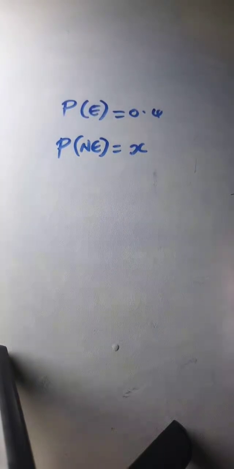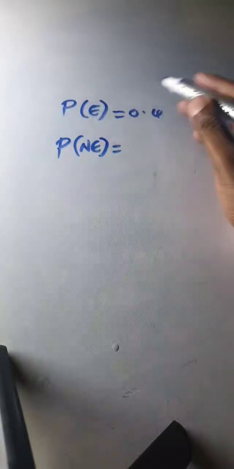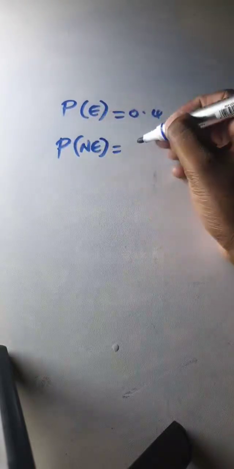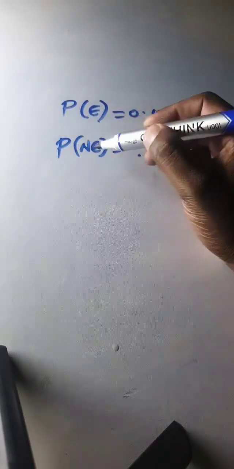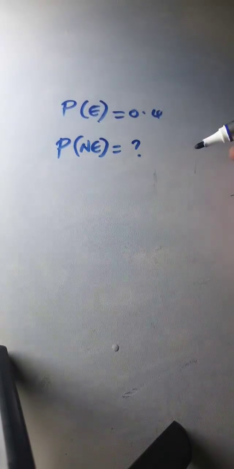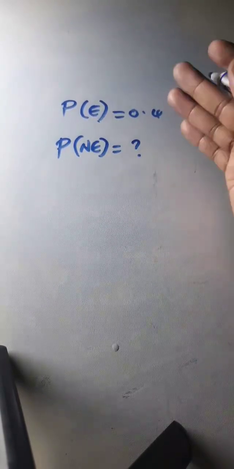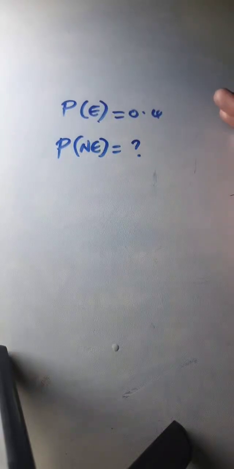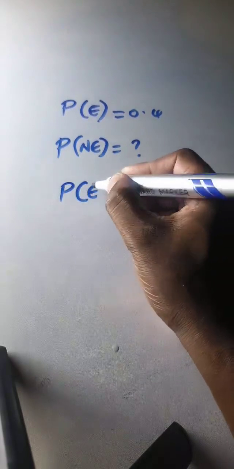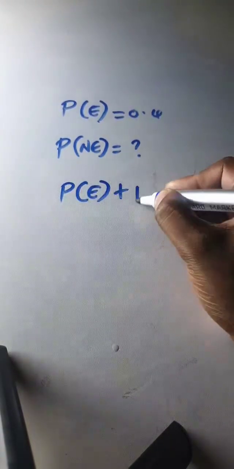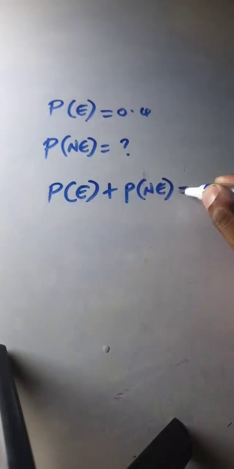So what we do, we have something happening, something given, and something not happening: having an engineer on the live and having no engineer on the live. When you have something happening plus something not happening, it is always equal to 1. So the probability of having an engineer plus the probability of not having an engineer is always equal to 1.